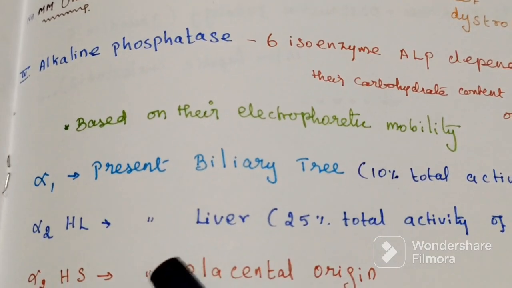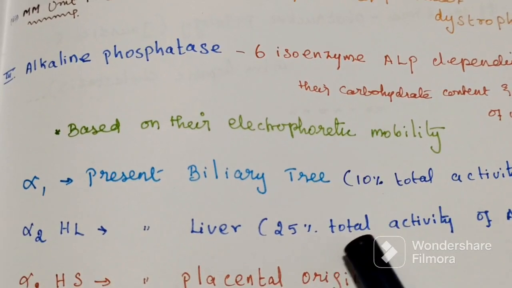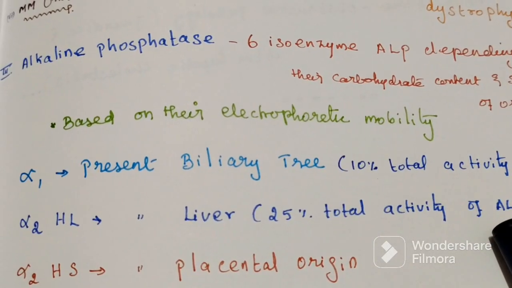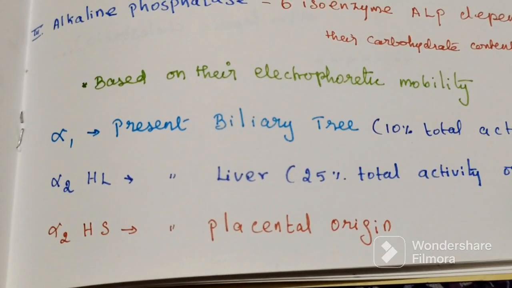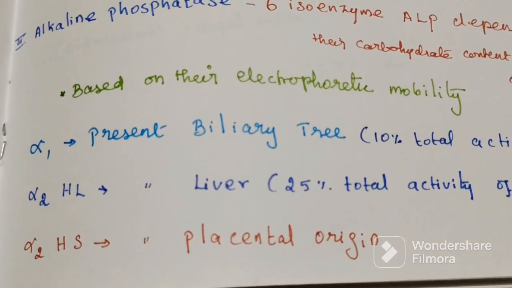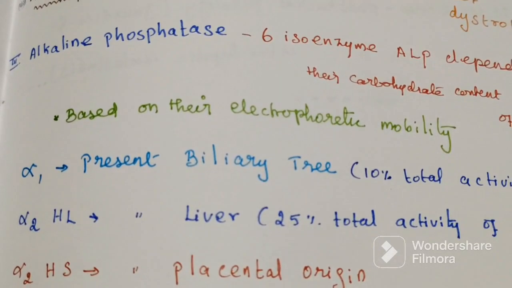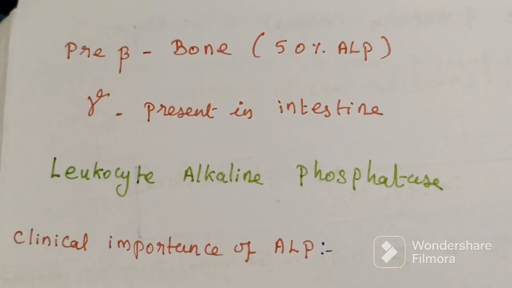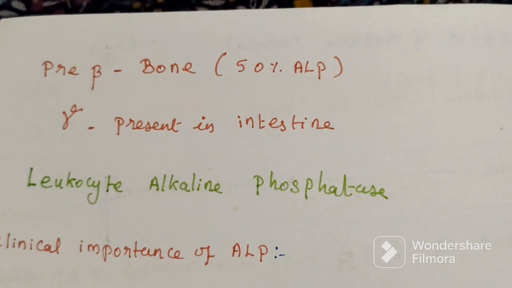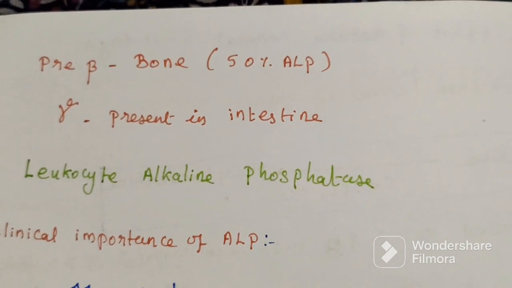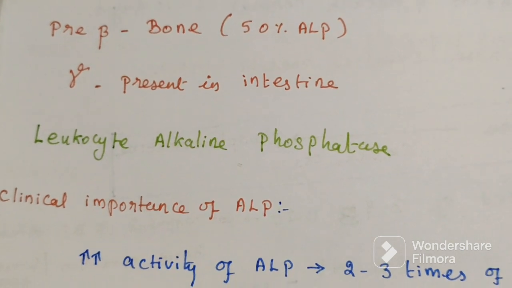Alpha 2 heat labile is in the liver, 25% of total activity. Alpha 2 heat stable is of placental origin. Fourth is pre-beta from bone, which constitutes about 50% of alkaline phosphatase. Then gamma, present in the intestine.